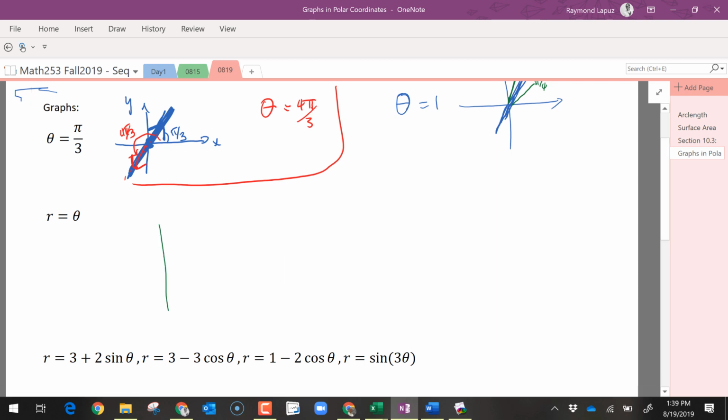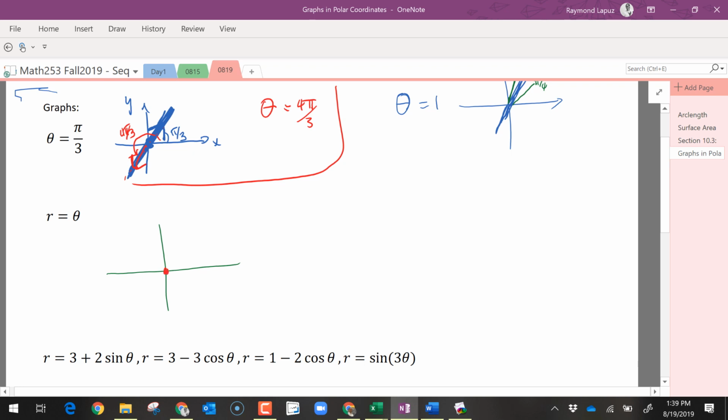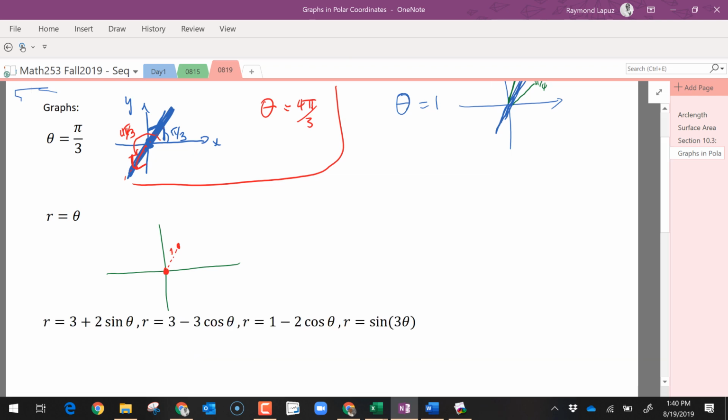So if we put in those points that we were just talking about, at 0 and at 1, now what we're looking for is a radial distance of 1 unit when you make an angle of 1. And then 2 is somewhere in the second quadrant, and you'll have a radial distance of 2 when you make an angle of 2.